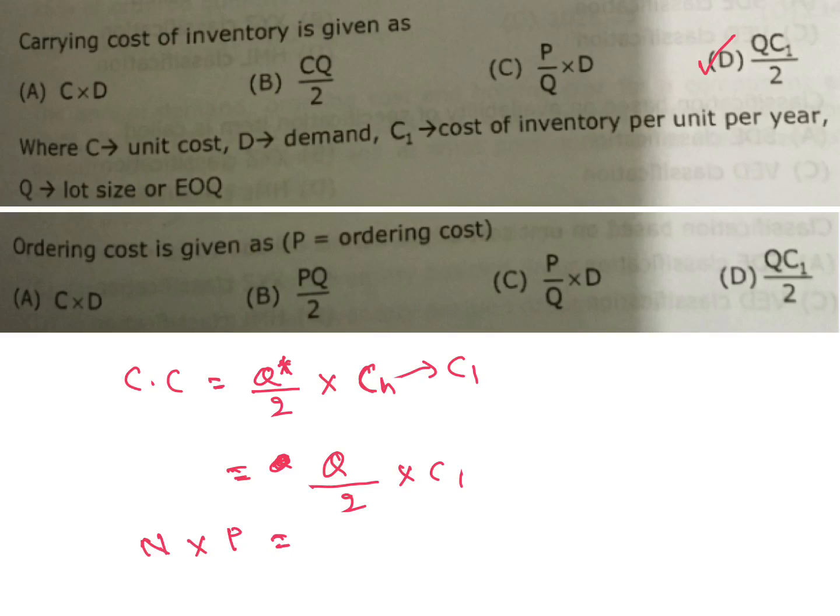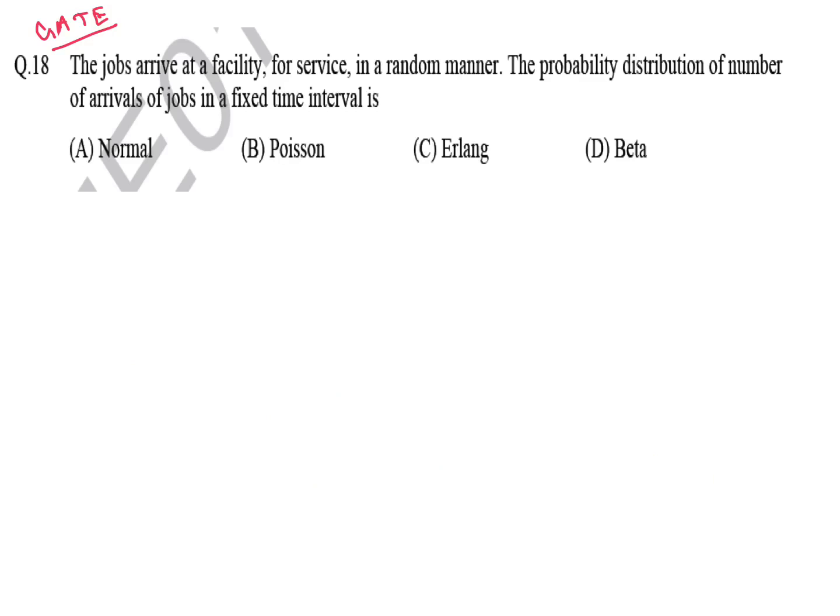So N into P. The number of orders is not given here, so number of orders N is total demand D divided by lot size Q. So D by Q into P. C is the answer.